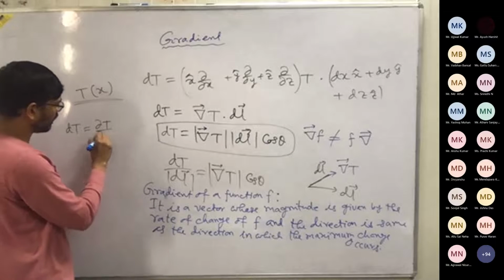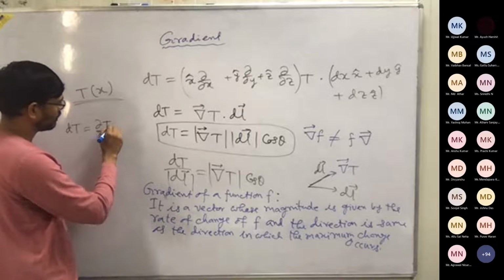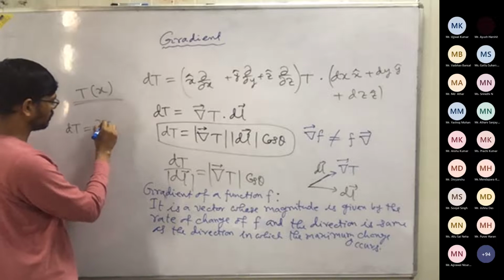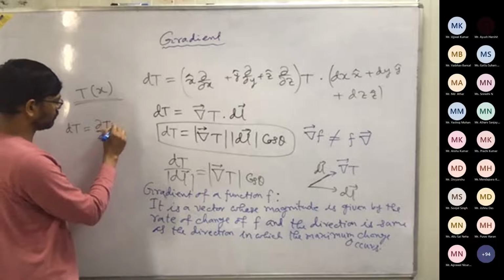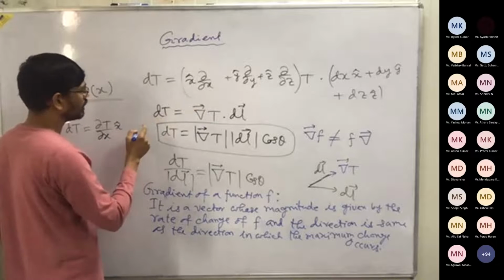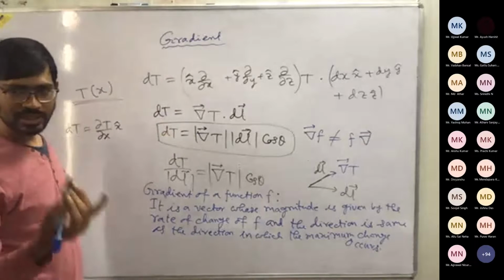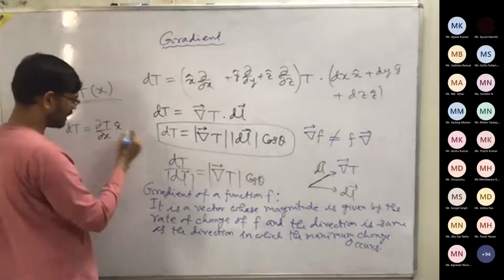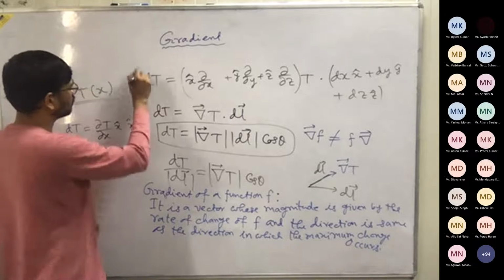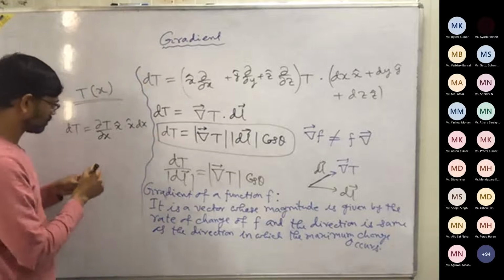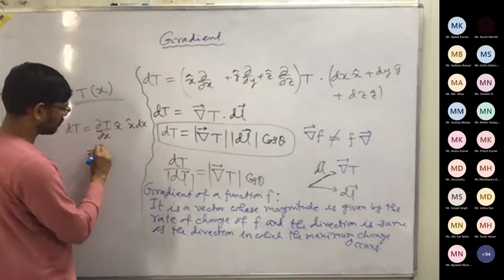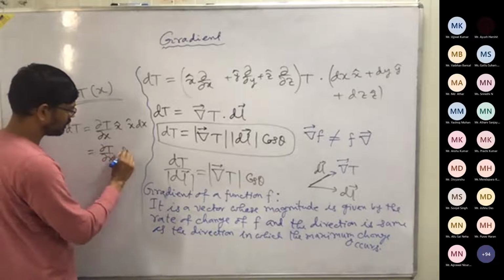Then del T over del x, x cap, dot dl vector, which is x cap dx. So x cap is 1, so del T over del x dx.